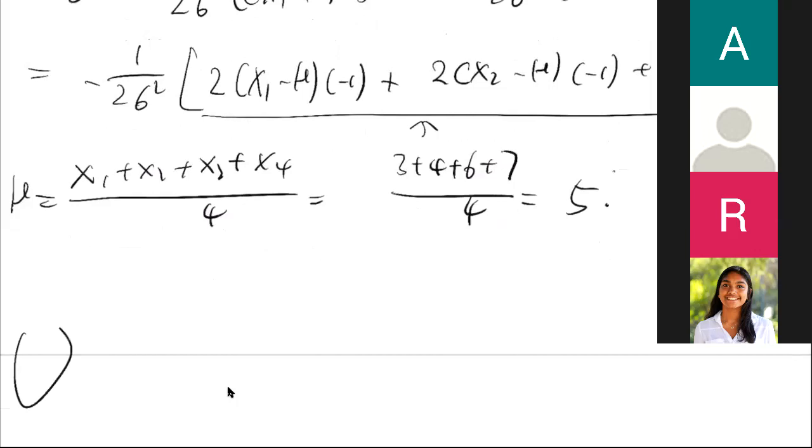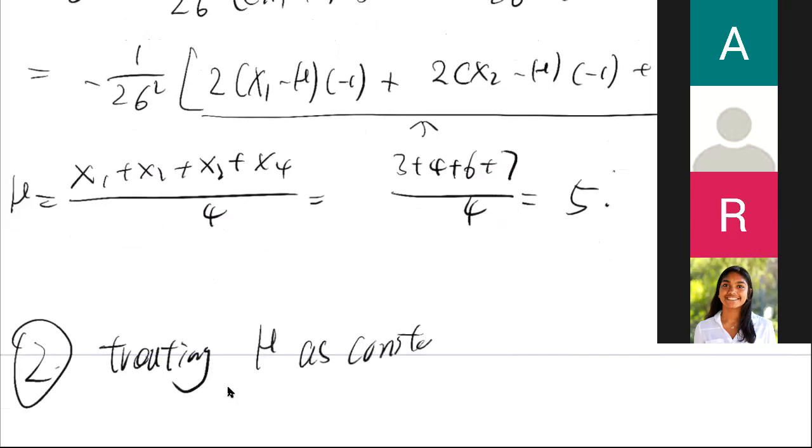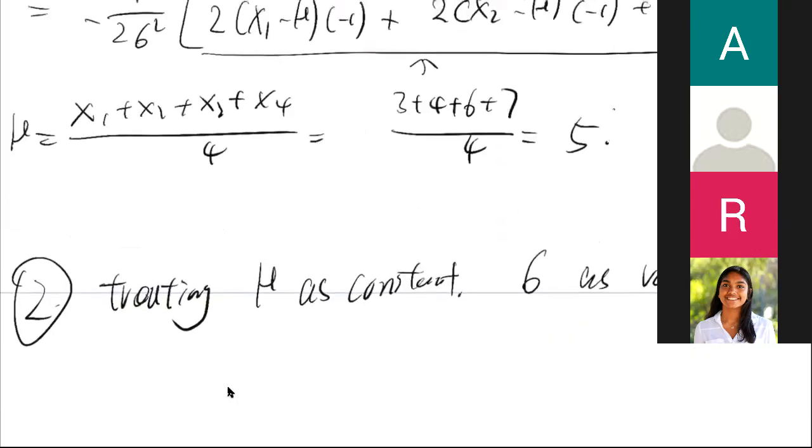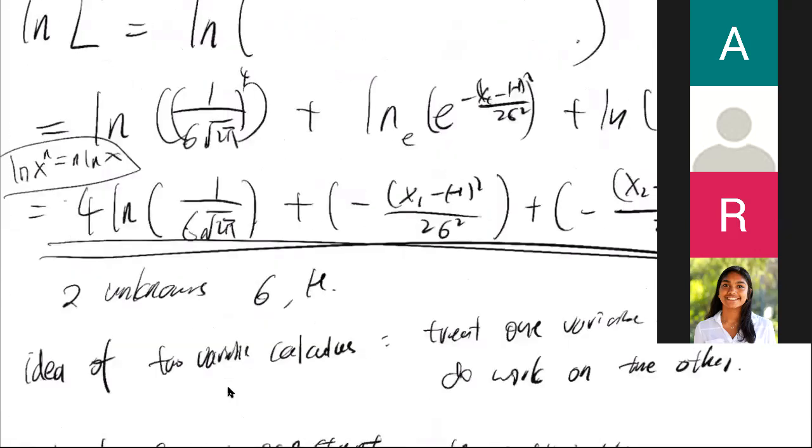And the second part is that we're treating mu as constant and sigma as variable. And how do we do that? We go back to the equation here.